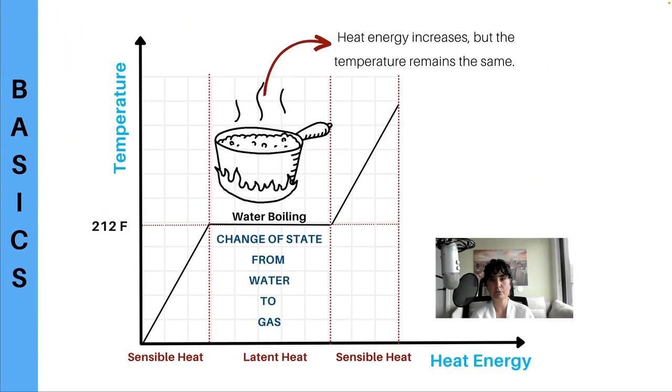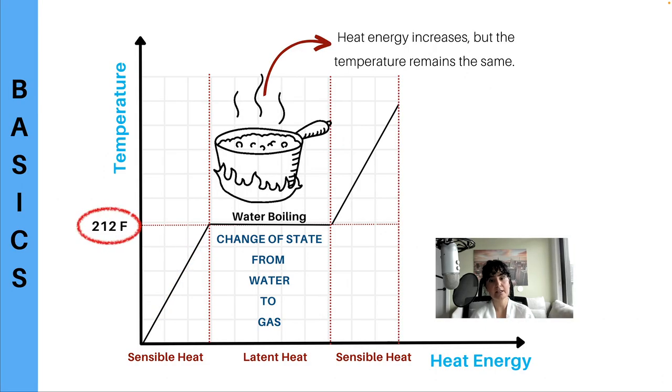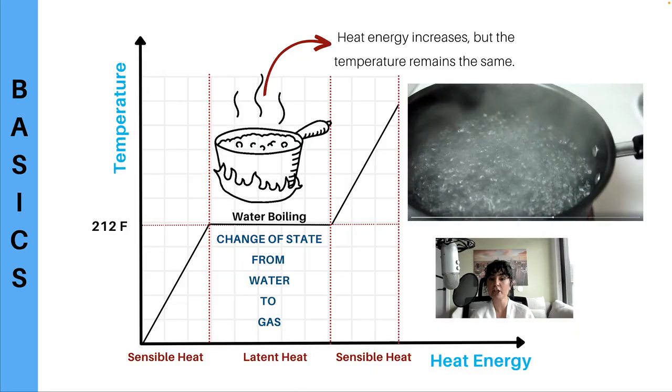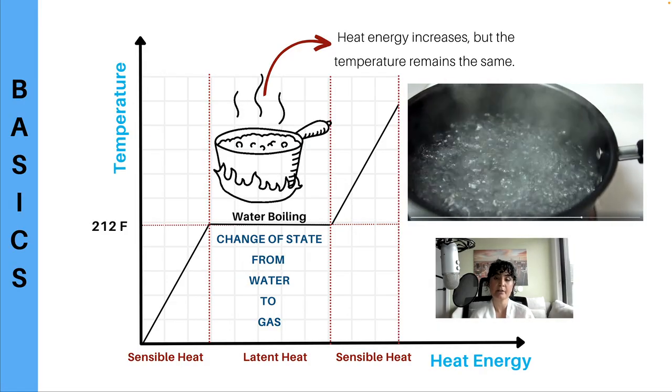So when you have a pot of water at 0 Fahrenheit degrees and you start to slowly heat it up, the temperature, as you see in this graphic, goes high until a certain point, and at exactly 212 Fahrenheit, it starts boiling. When water starts boiling, for a while, the temperature of the water does not change, but the water starts to turn into gas. So change of state starts to happen for water.